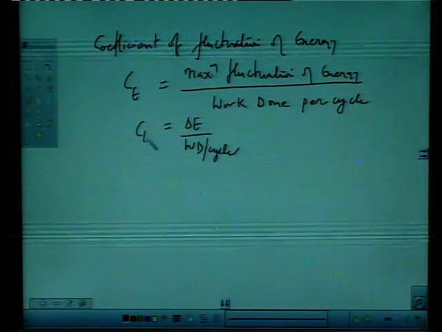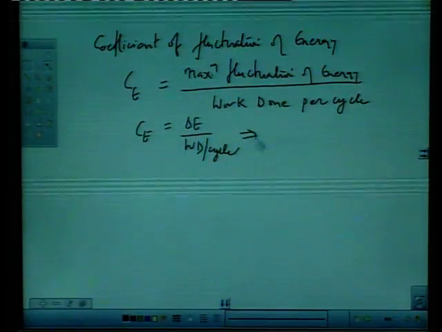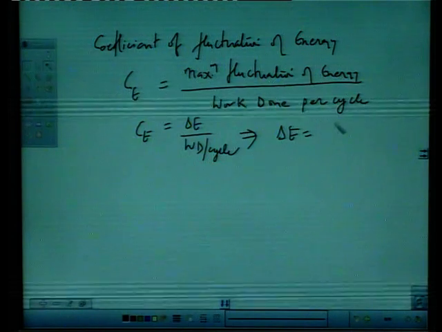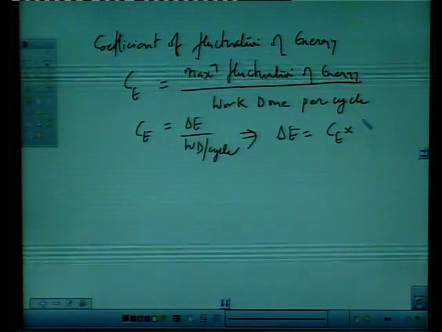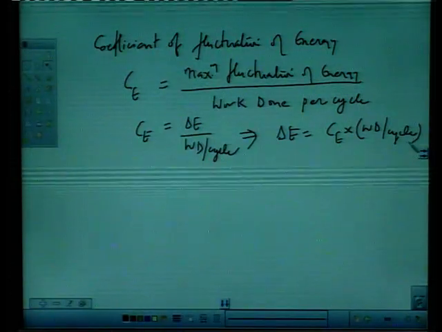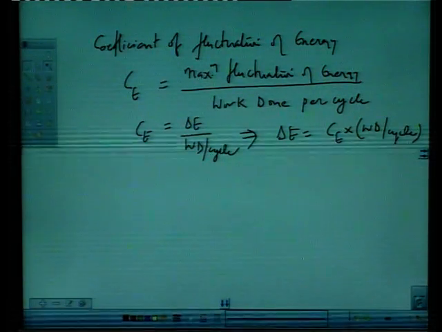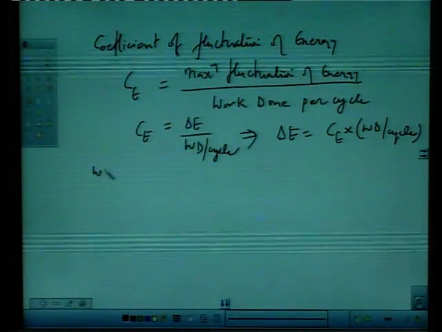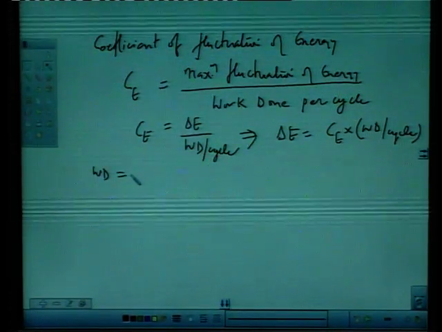This is Ce. Now, from this we can evaluate the maximum fluctuation of energy as Ce into work done per cycle.